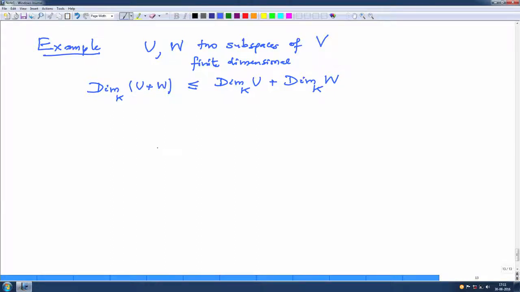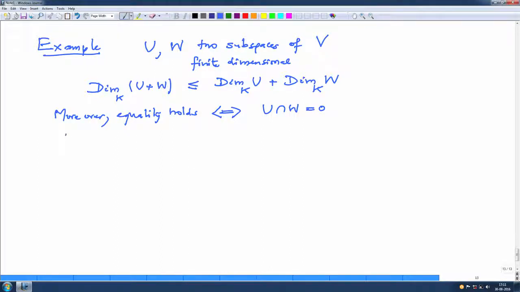So, in any case, I am now concerned with when this equality will hold. So, equality holds if and only if the intersection is the 0 subspace, because the 0 subspace has dimension 0 and then there will be equality.